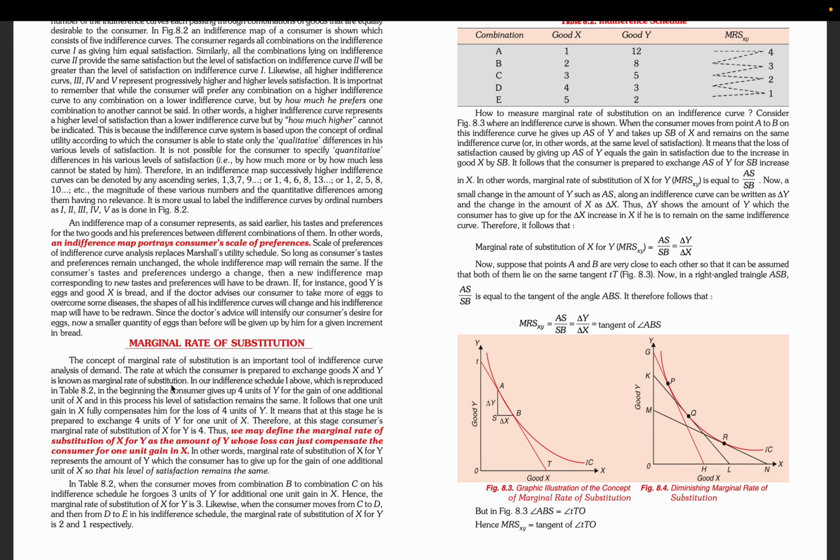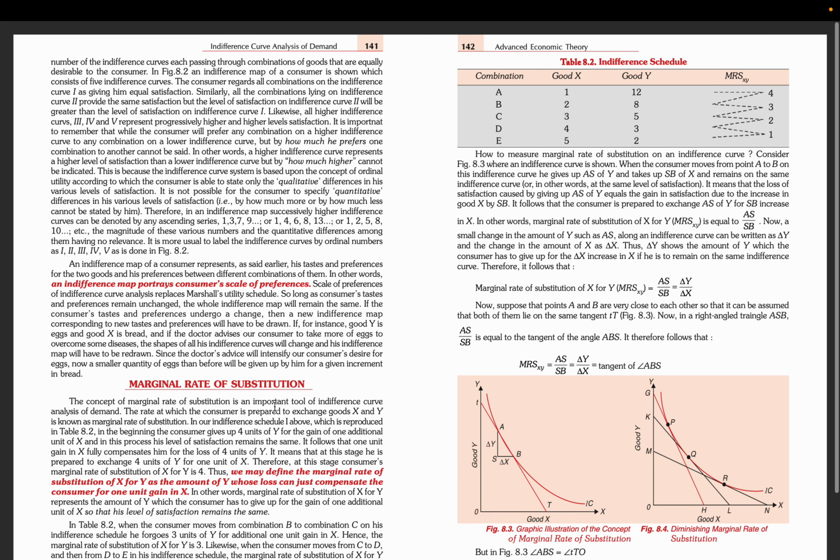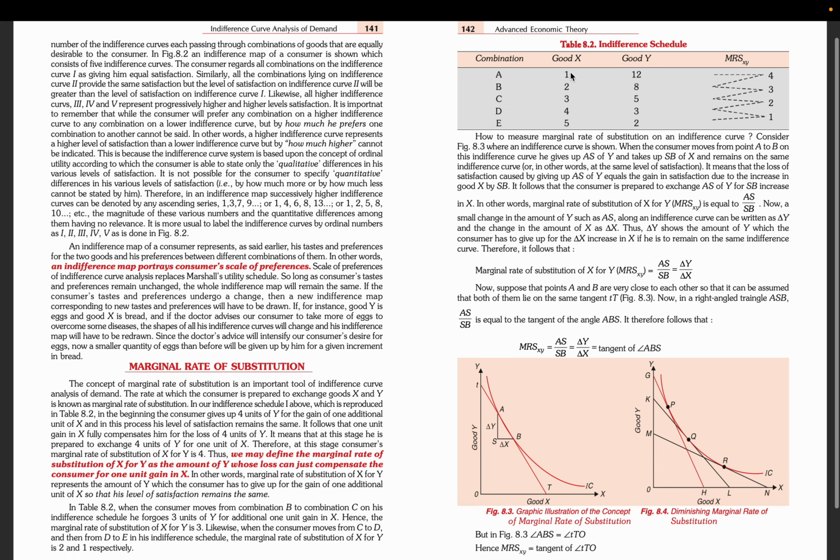In our indifference schedule 1 above, which is reproduced in table 8.2, in the beginning the consumer gives up 4 units of good Y for 1 additional unit of good X, and in this process his level of satisfaction remains the same. We already saw this here.